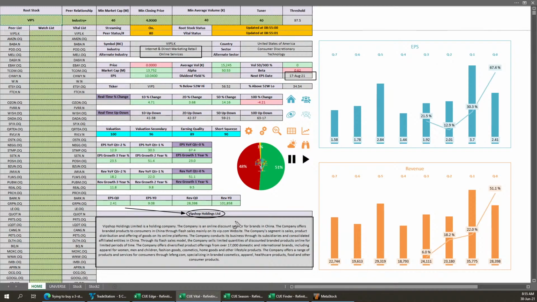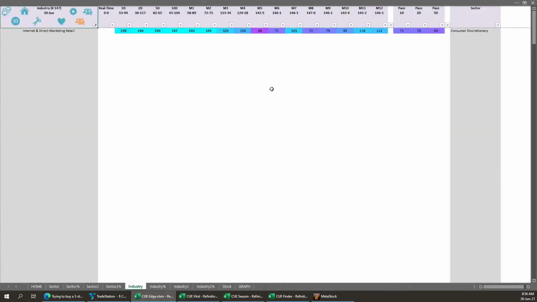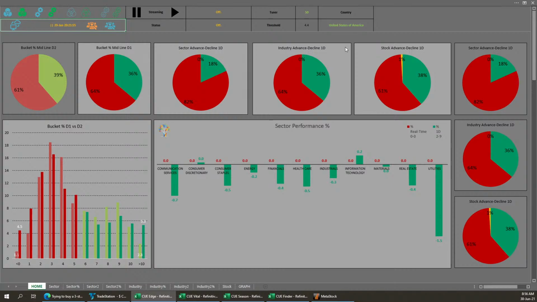Would you like to check the internet and direct marketing retail industry strength in the China market? Let's do that before we end. When I look at a stock whose primary business is in another country, sometimes I check the industry in that country, not in the USA where the stock may also be listed.